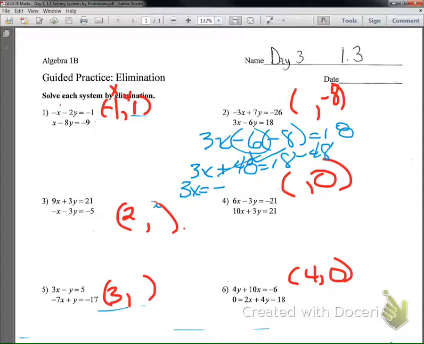So 48 minus 18 equals 30. But it's a negative 30. And then you divide both sides by 3. So your x value then is equal to negative 10.